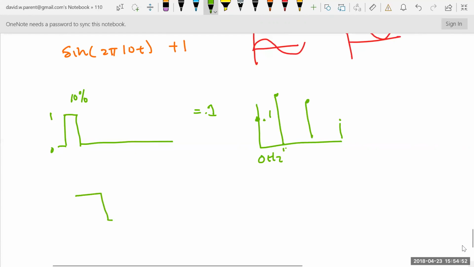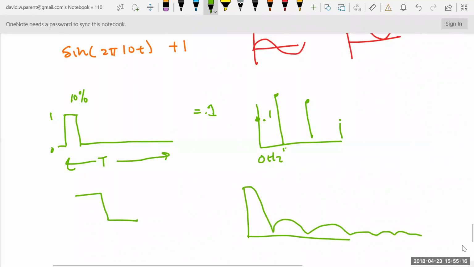When we're at 50%, we kind of get this one shape, but if I let T get really big, right, I'm going to get this Fourier transform, this sinc function, which is sine x divided by x.